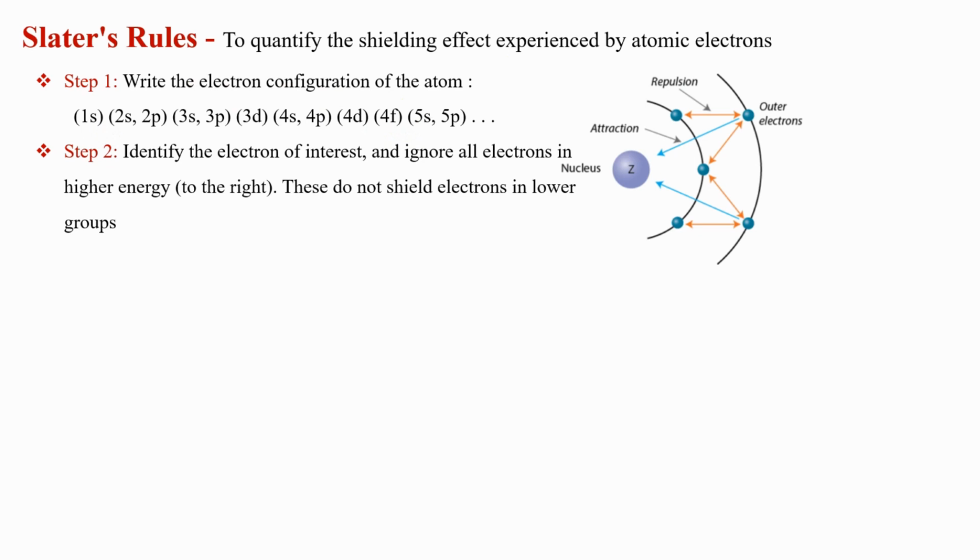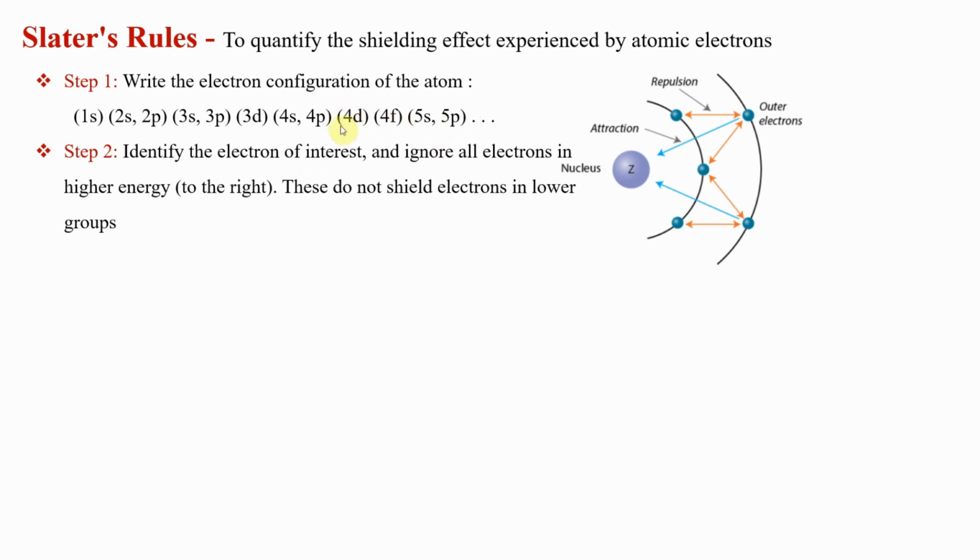Now, we need to identify the electron of interest. What it means is, for a given element, it is not necessary that they ask for the outermost electron. It could be any electron. For example, the given one could have a 5p electron, but I can ask you what is the Z effective or the shielding in a 4f electron or 4d electron.